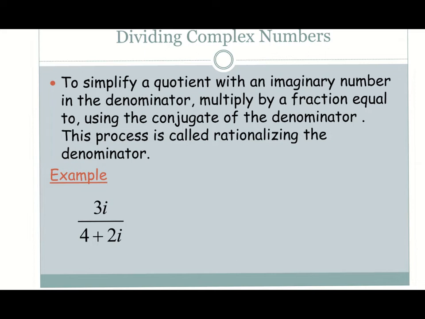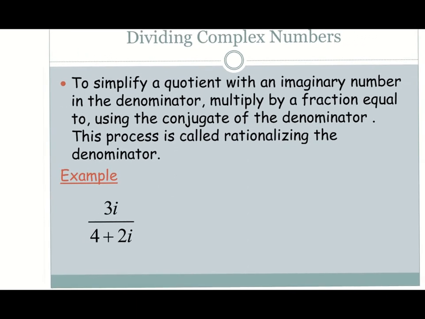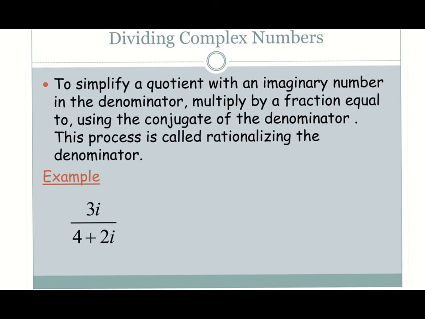If we have 3i divided by 4 plus 2i, we need to get rid of i in our denominator. So we need to multiply by the conjugate. So if we have 4 plus 2i, our conjugate's going to be 4 minus 2i.